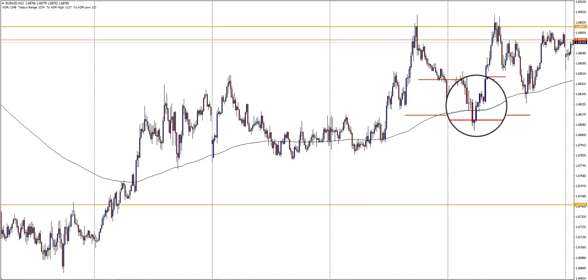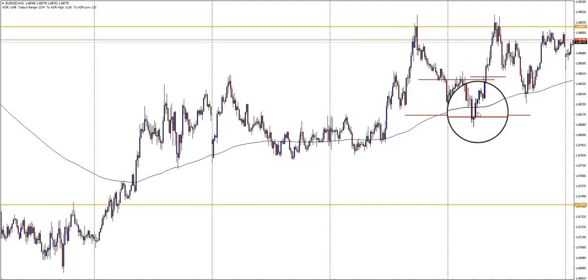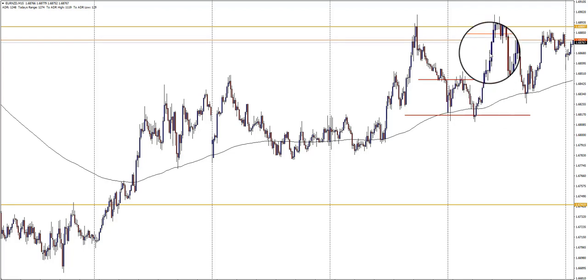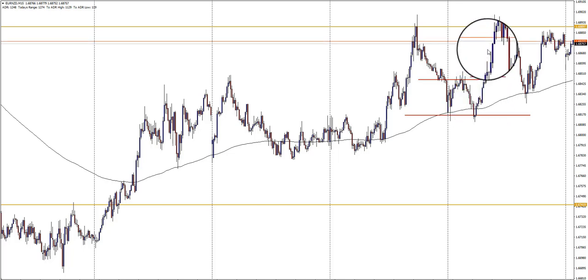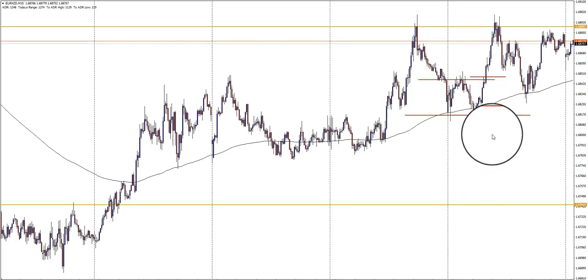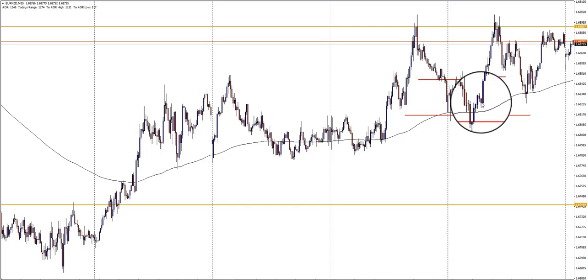Because in the end, the minute you take out profit from a 1-to-1, you're already reducing your total reward to risk. At this point, you're going for 1.5 to 1 reward to risk, because if the price continues and hits your full take profit, you're only going to make 1.5.